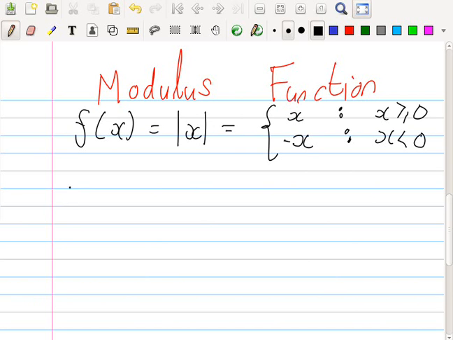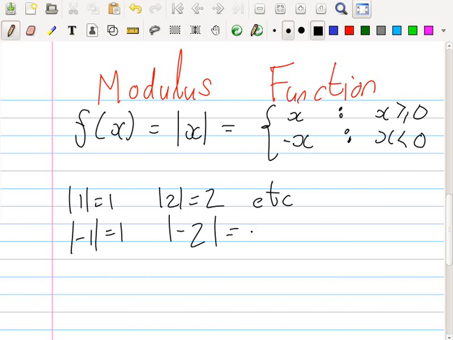So for example, absolute of 1 equals 1, absolute of 2 equals 2, etc. And then absolute of minus 1 equals 1, absolute of minus 2 equals 2, etc. Okay, so that's the definition. Write that down.